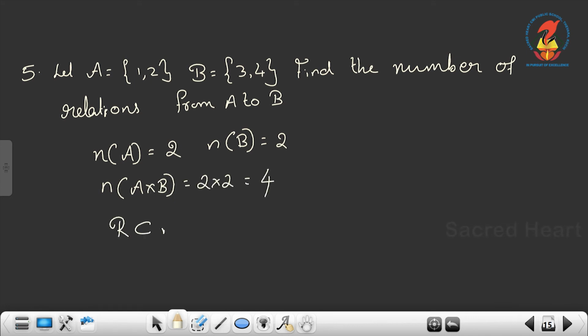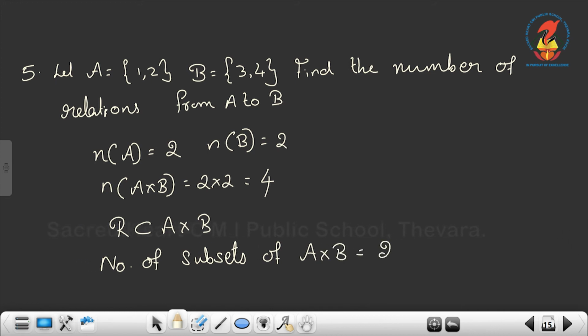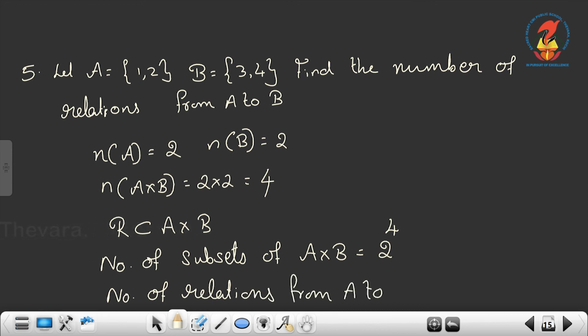R is a subset of A cross B. So how many subsets for this A cross B? 2 raised to 4, that is 16 subsets. So the number of relations from A to B is also 2 raised to 4, equal to 16.